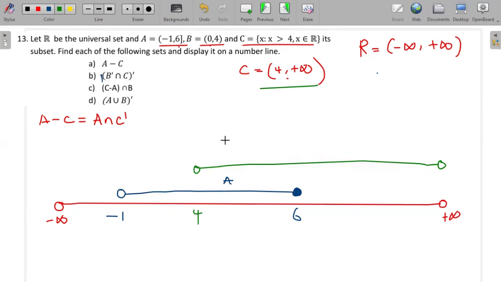From here we can find our C complement. It starts here and goes all the way to minus infinity. We ask ourselves, is 4 in the C? No. So we are going to shade it in the C complement. And then we go all the way to what?